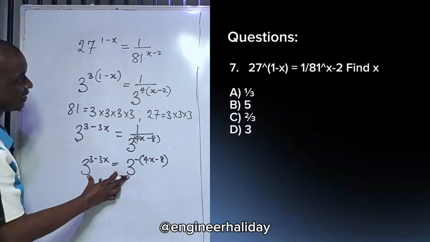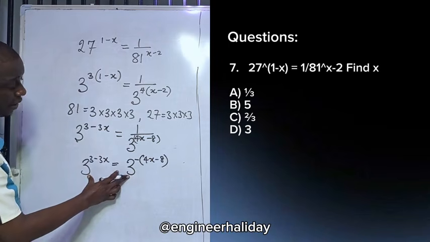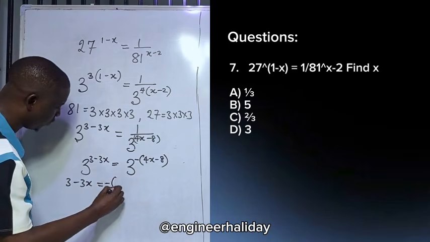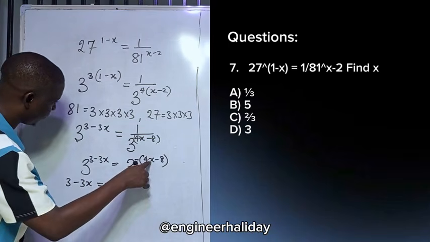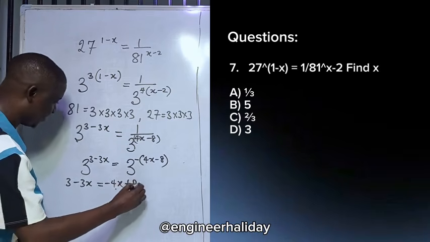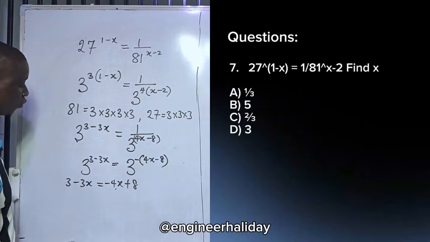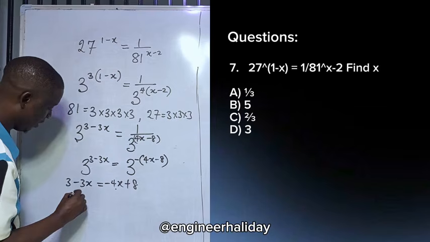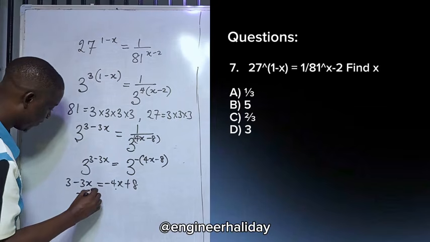Now, since the bases are now equal, we can compare the powers. So that will give us 3 minus 3x is equal to minus 4x plus 8. So collect like terms. Let this one move here, so I would have minus 3x plus 4x.